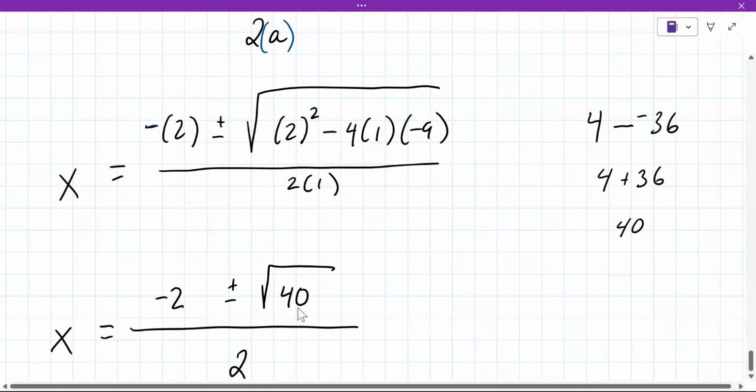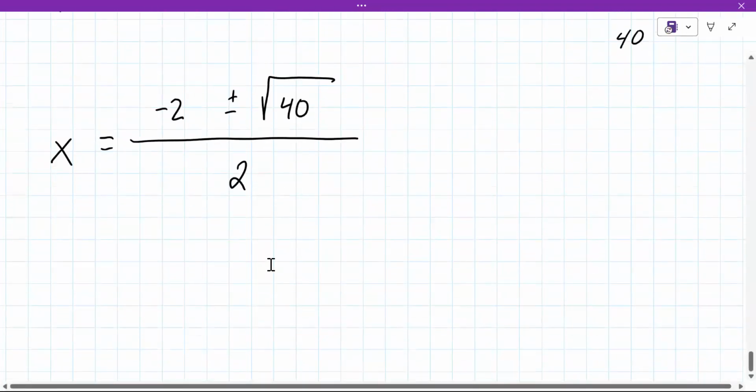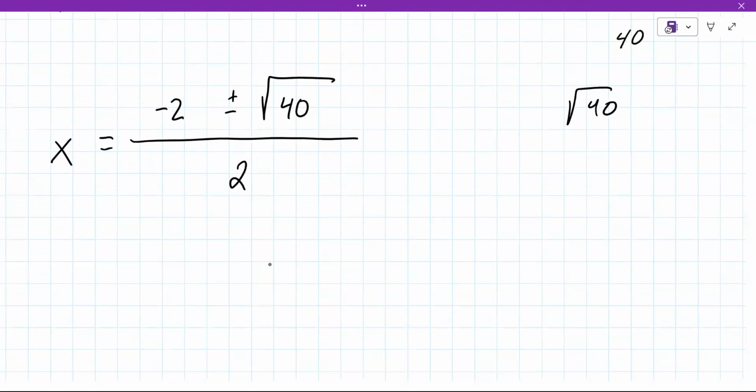So why don't you simplify that, and then we'll talk about what to do from there. It would be 2 rad 10.